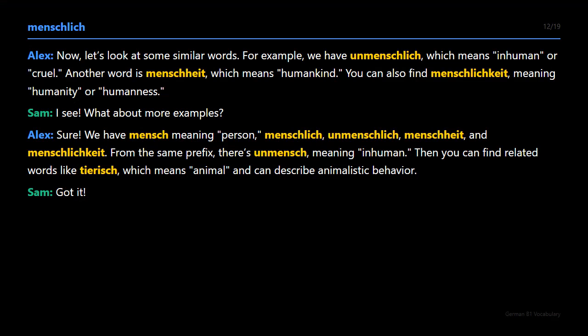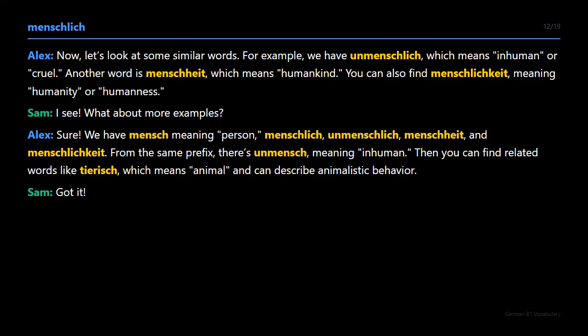We have Mensch, meaning person, Menschlich, Unmenschlich, Menschheit, and Menschlichkeit.